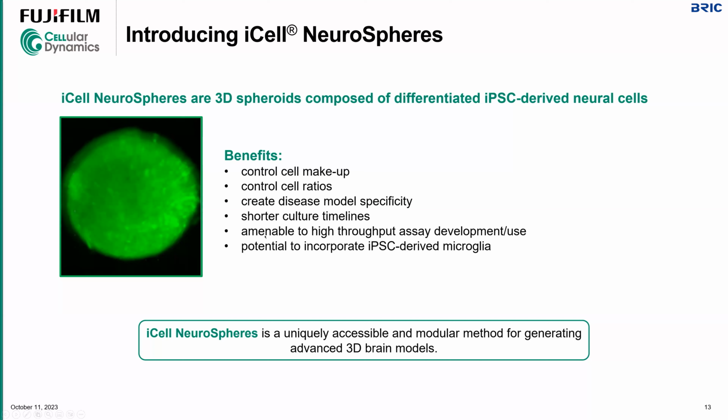So again, beautiful setups, incredibly reproducible system, and we are now working on adding macroglia to neurospheres, which usually consist of neurons and astrocytes, etc. So again, IsoNeurospheres is a uniquely accessible and modular method for generating advanced 3D brain models, because again, you control by the cell makeup the regional part of the brain you want to focus on.